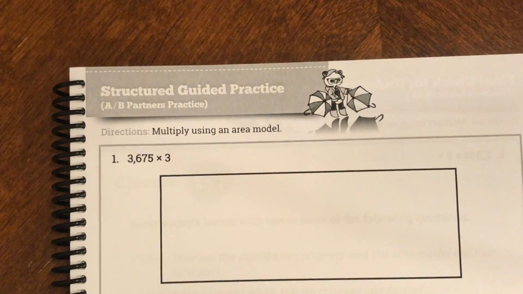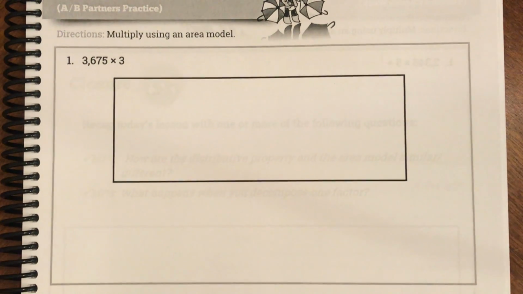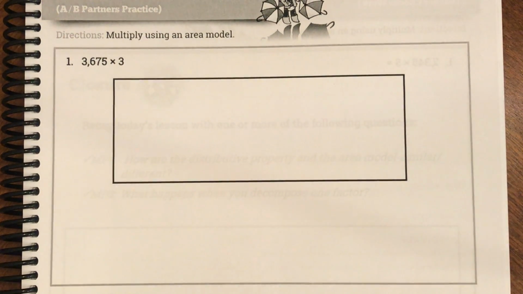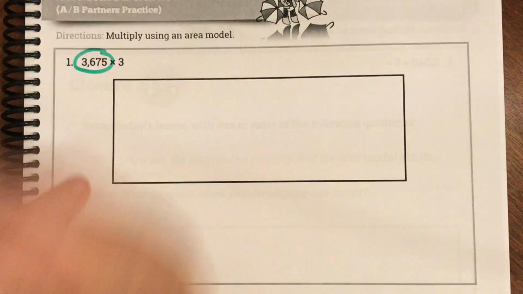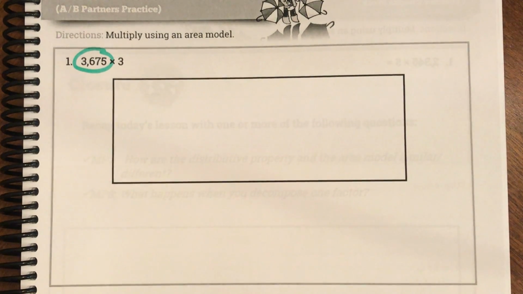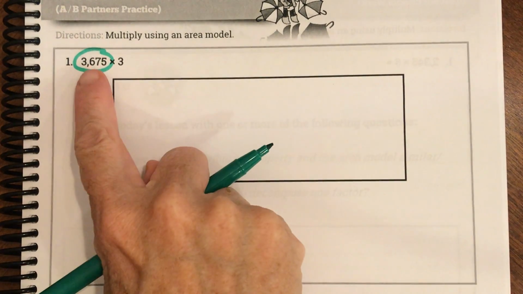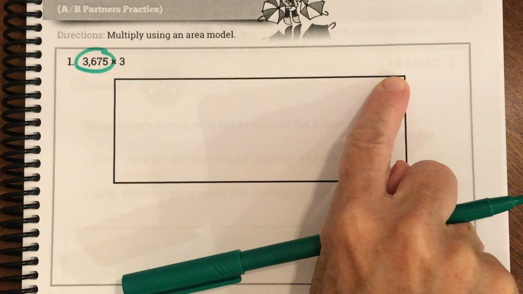We are on page 90, and here's our first problem. And they've already drawn the rectangle for us. Okay, so our first step is we're going to circle the greater factor. So between those, definitely it's 3,675. Okay, step 2 is we're going to put this in expanded form on top.